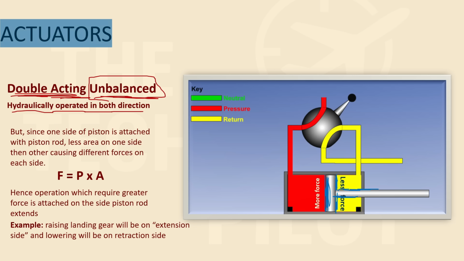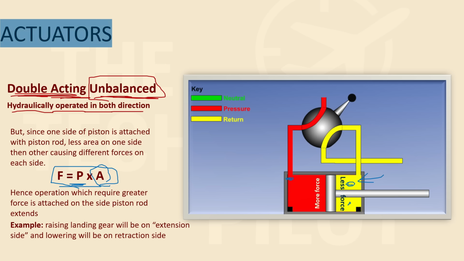So what happens is due to less area, you will be able to apply less force on this side, and you'll be able to apply more force on this side. Why? Because force is pressure into area, and pressure will be the same felt here or in this or in this or in this, right? The pressure will be the same, but the area is different, right?